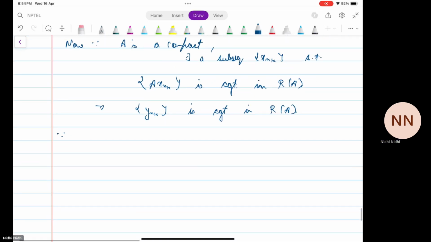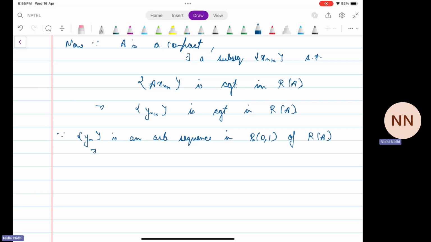Since Yn is an arbitrary sequence in the closed unit ball of R(A), this implies the closed unit ball B(0,1) is compact in R(A).